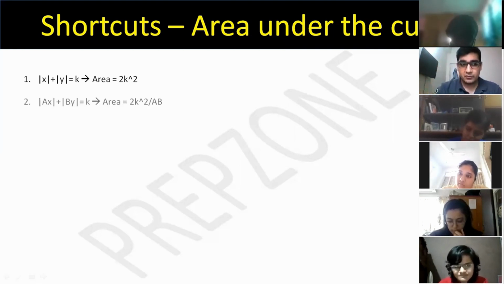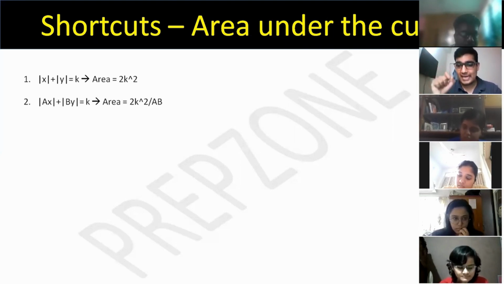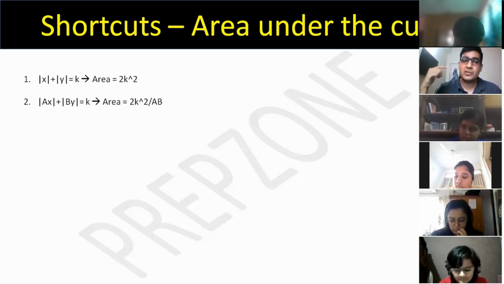Then if you have to generalize this, say you have some coefficient of x, that is a, and some coefficient of y, which is b, right? Then the area will be 2k square divided by ab. You can again try to visualize this.